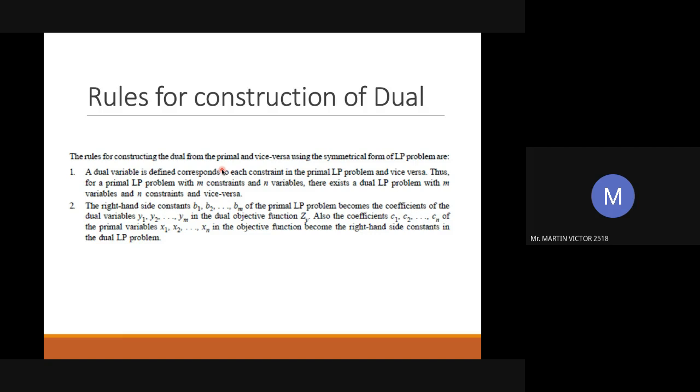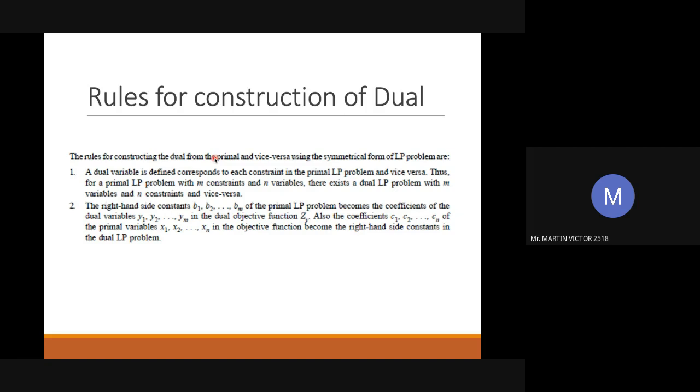The first rule is a dual variable is defined corresponding to each constraint in the primal linear programming problem and vice versa. So for a primal LP problem with m constraints and n variables, there exists a dual LP problem with m variables and n constraints.